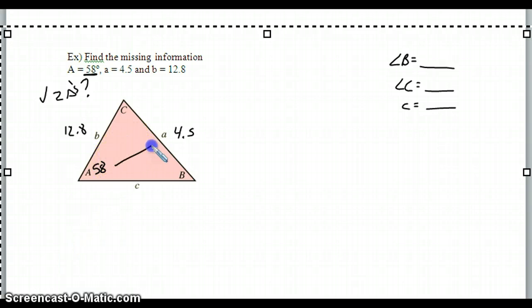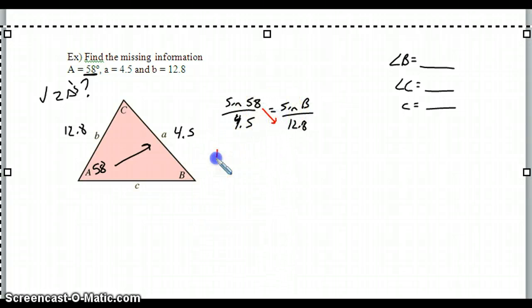So first we'll start off with the sine of 58 over 4.5. And because we're given B, we have to do then the sine of B next. So cross multiply. Divide by 4.5.